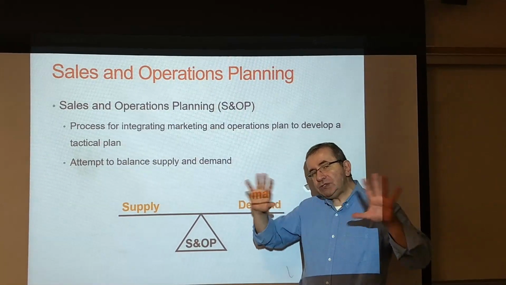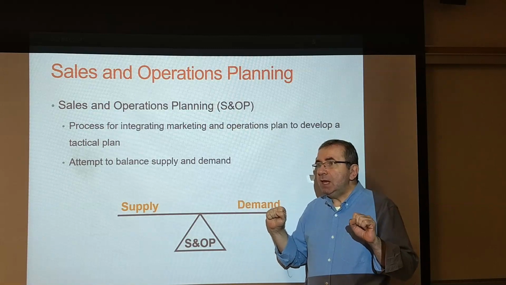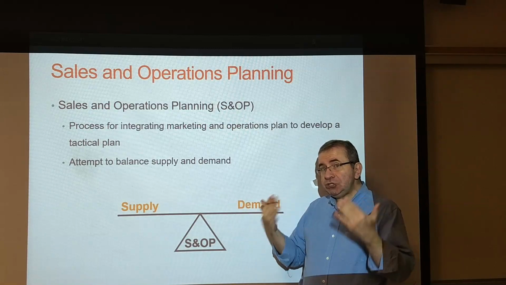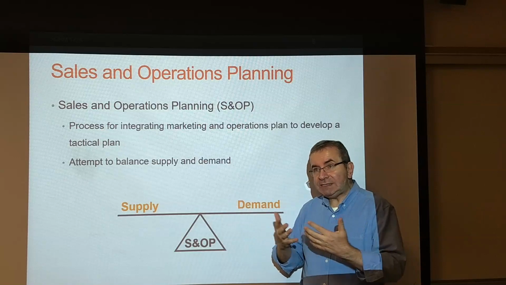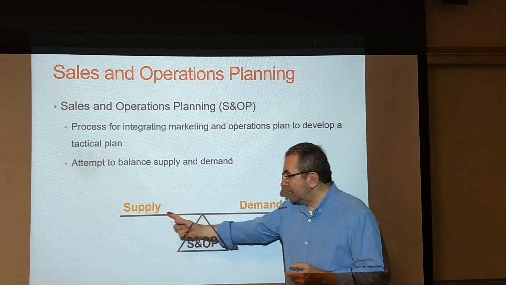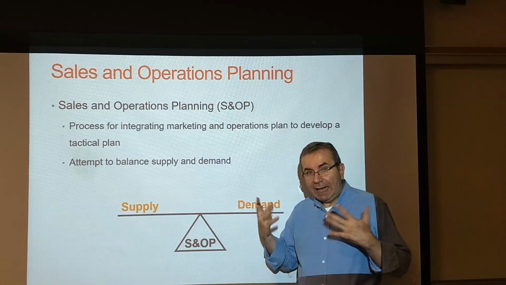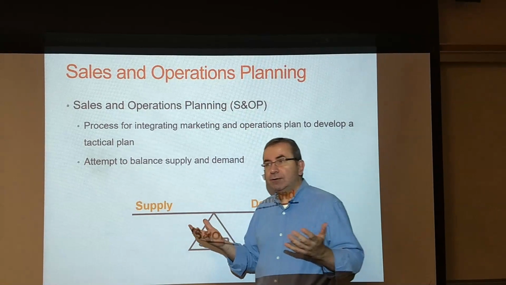So there are all these forecasts floating around, and none of them agree with each other, and we're going to make decisions based on these conflicting forecasts. How can we balance supply and demand? Obviously you can't, okay?